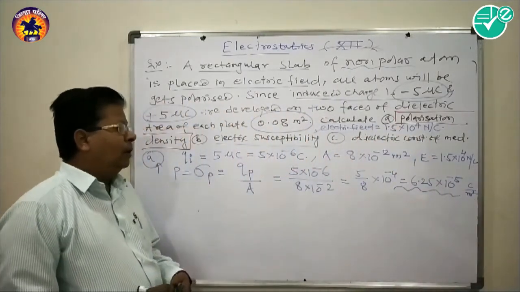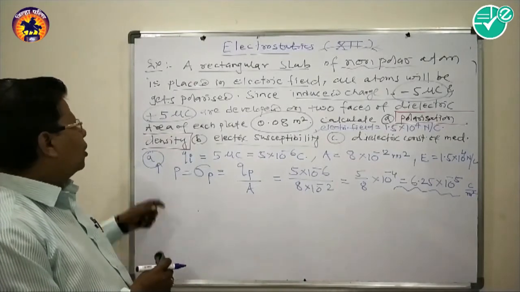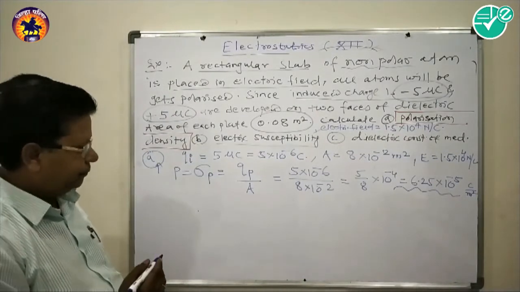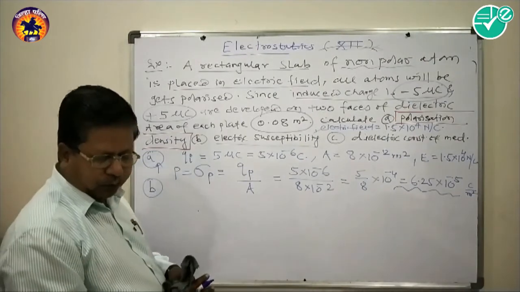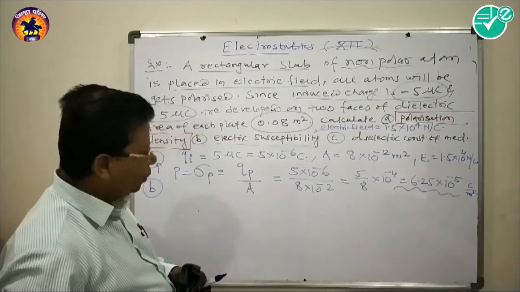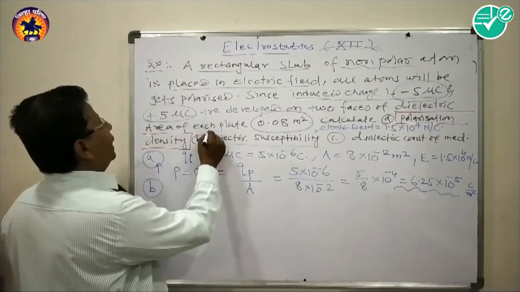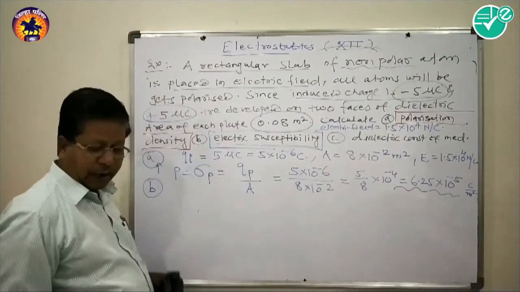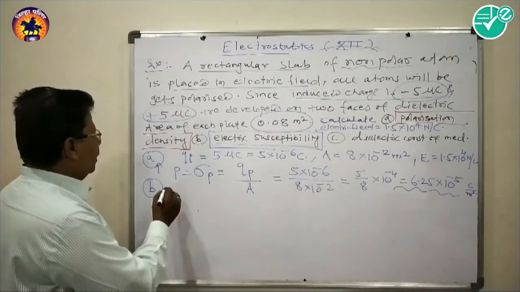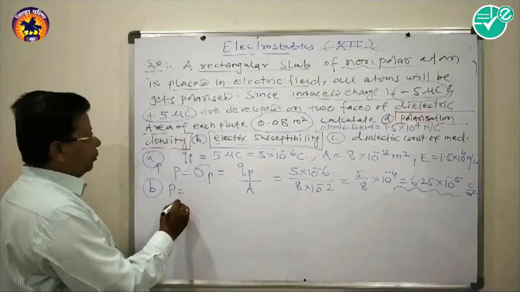So this is the first solution for polarization density. Now secondly, we have to find the value of electrical susceptibility, and we know the formula.